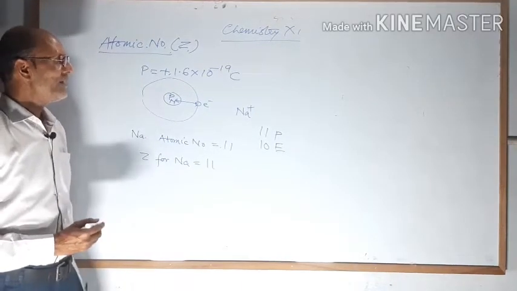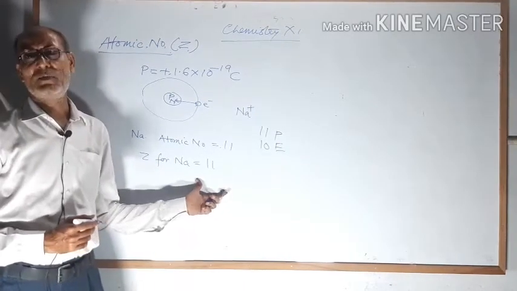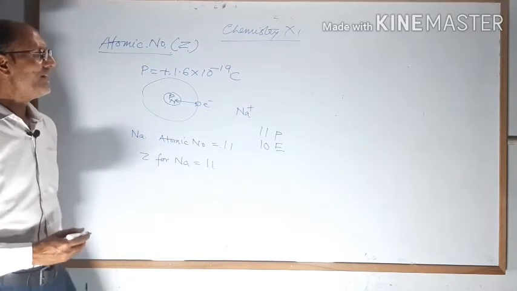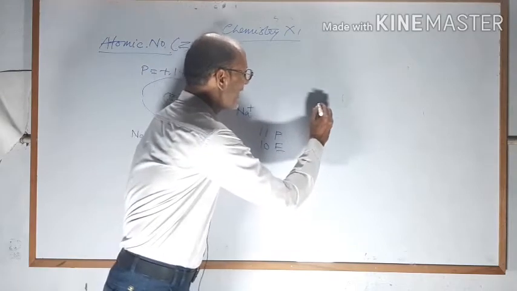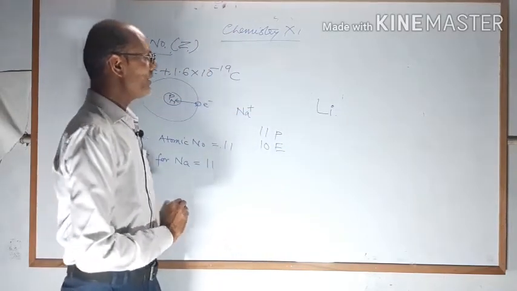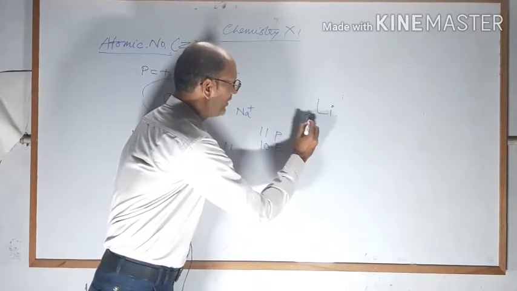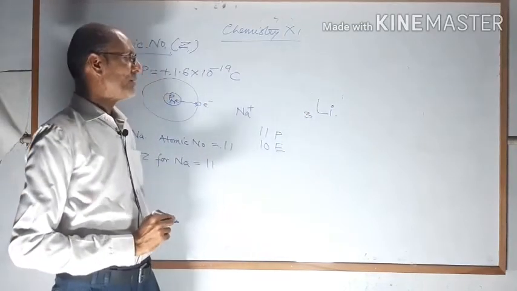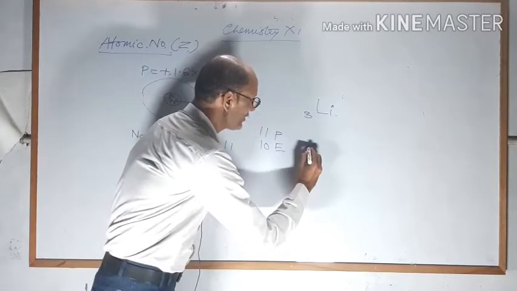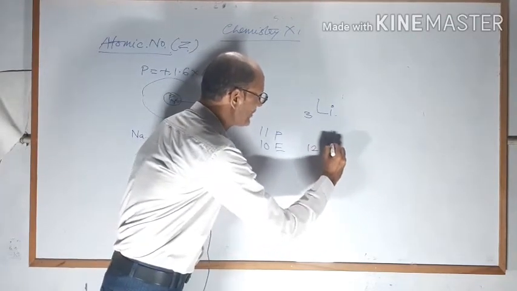Dear students, in symbolic representation the atomic number is written below the symbol, at the bottom left. Suppose you want to write Li, lithium: its atomic number is 3, so it is written here. Another example is magnesium, Mg, with 12.